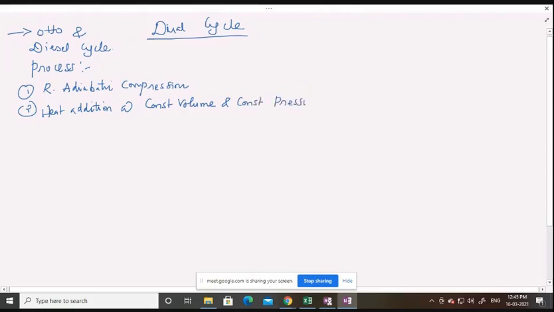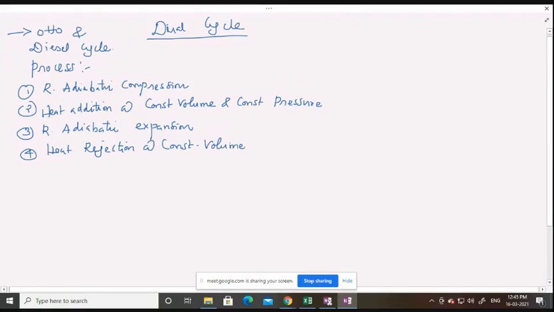A partial amount of heat is added at constant volume and the rest at constant pressure, right? Then reversible adiabatic expansion. And the final one is heat rejection at constant volume. So these are the processes involved in a dual cycle.